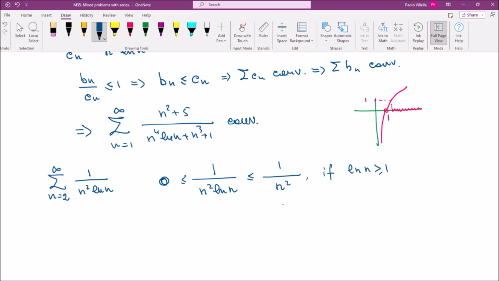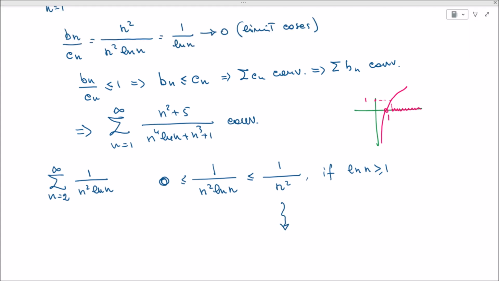Now, of course, this will give rise to a series that converges, and by pure comparison, this is another series that converges.